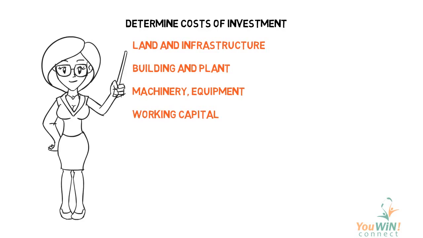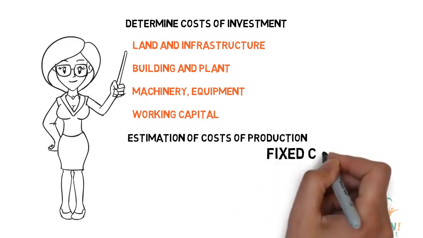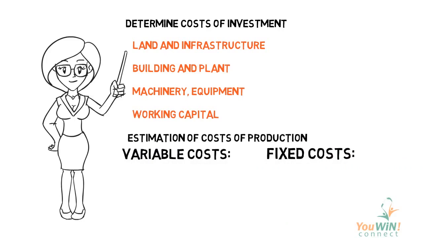In terms of production costs, we can look at production costs plainly from two main directions. The structure of production costs is either fixed or variable.